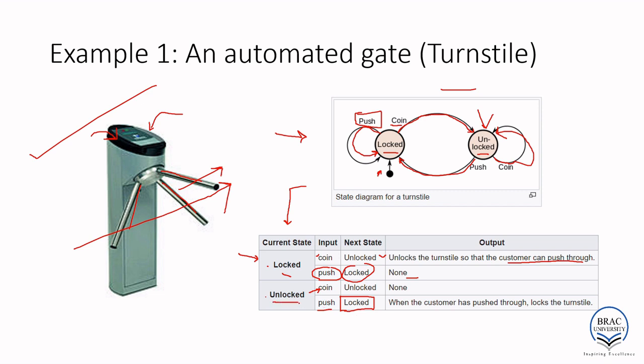So when someone pushes through the door, our next state will be locked, and when the customer has pushed through, it locks the turnstile, so no one can pass through using the same coin multiple times.